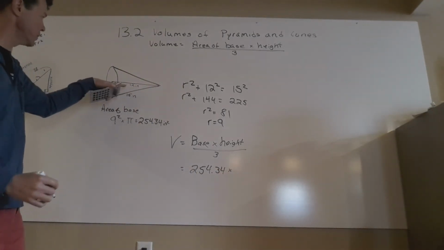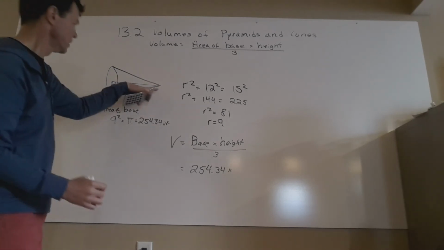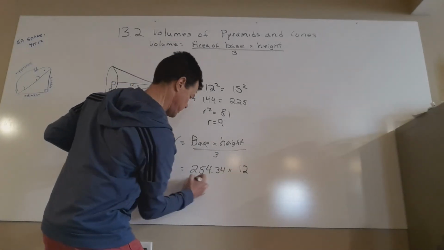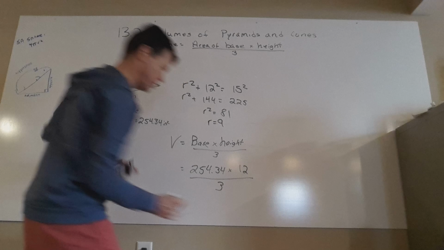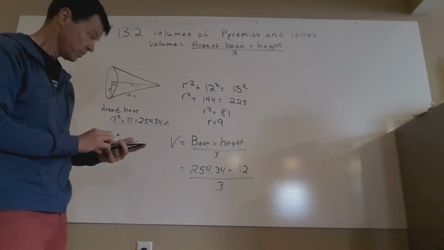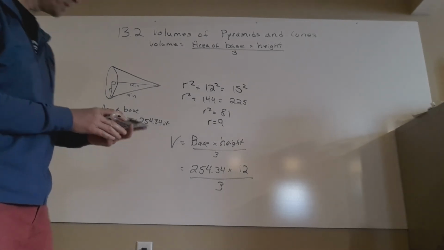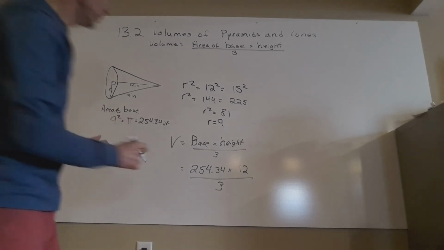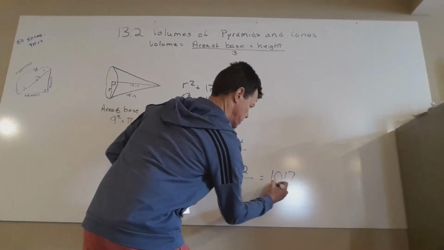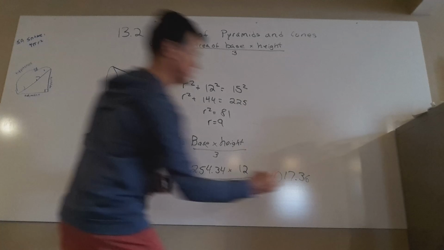That's the height of the cone, not this measurement. Height of the cone, it has to go through the vertex up here. 254.34 times 12. And it's a cone, so we divide it by 3. Do your calculations. I have 1,017.36. Units are in inches cubed.